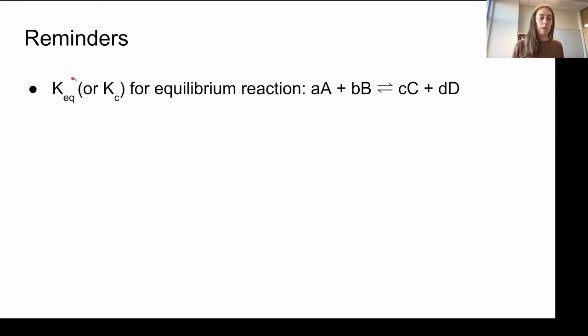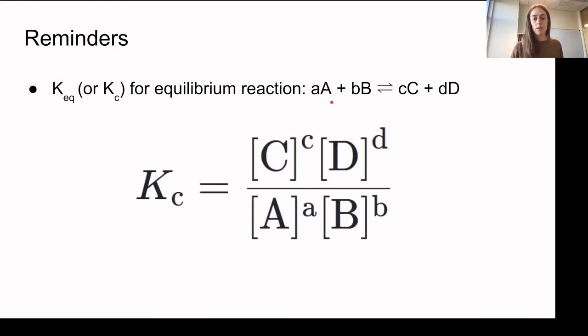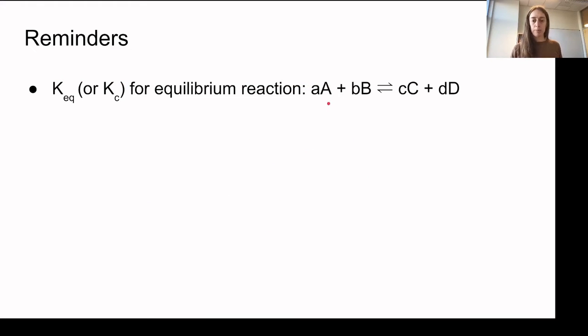You'll remember from thermo, we have our equilibrium constant, and for a given reaction, say for an example, we have a moles of A substance plus b moles of B substance yields c moles of C substance plus d moles of D substance.